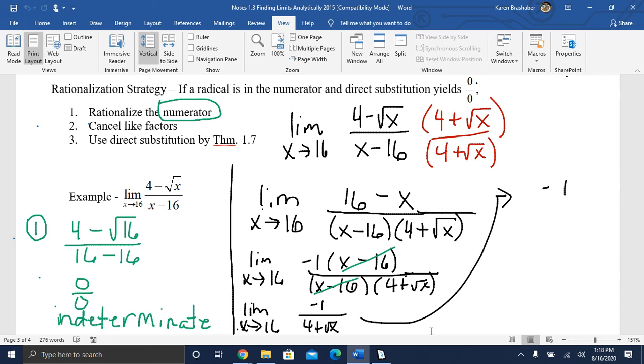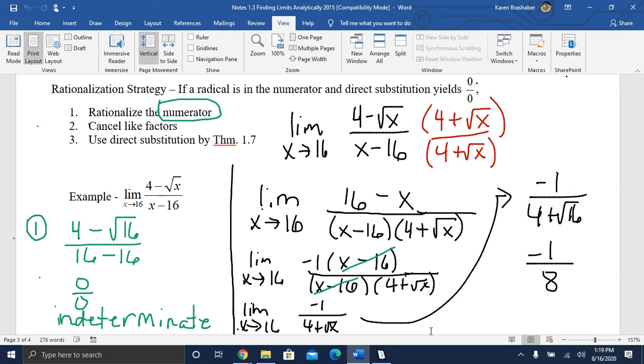So we'll have negative 1 over 4 plus the square root of 16. We want to plug in our 16. And that would simplify to negative 1 over 4 plus 4, giving us negative 1/8.